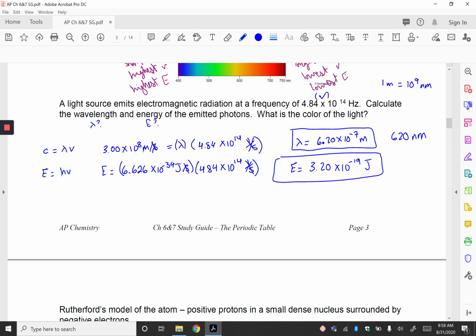All right, last thing they ask about is the color of the light, and unless they give you more information, like something like this, or some numbers, you wouldn't know. Back in the day, before 2014, you had to memorize what the wavelength of each color was, but not really anymore.